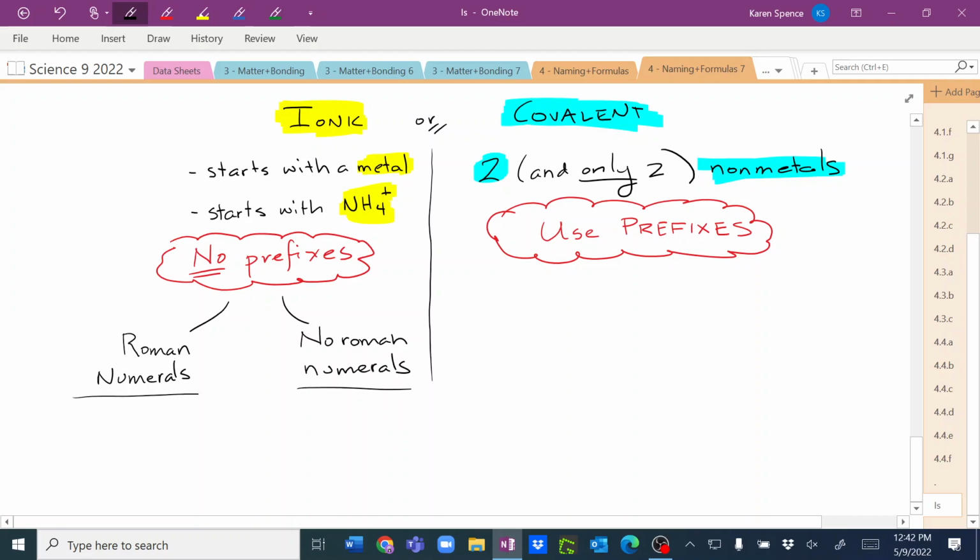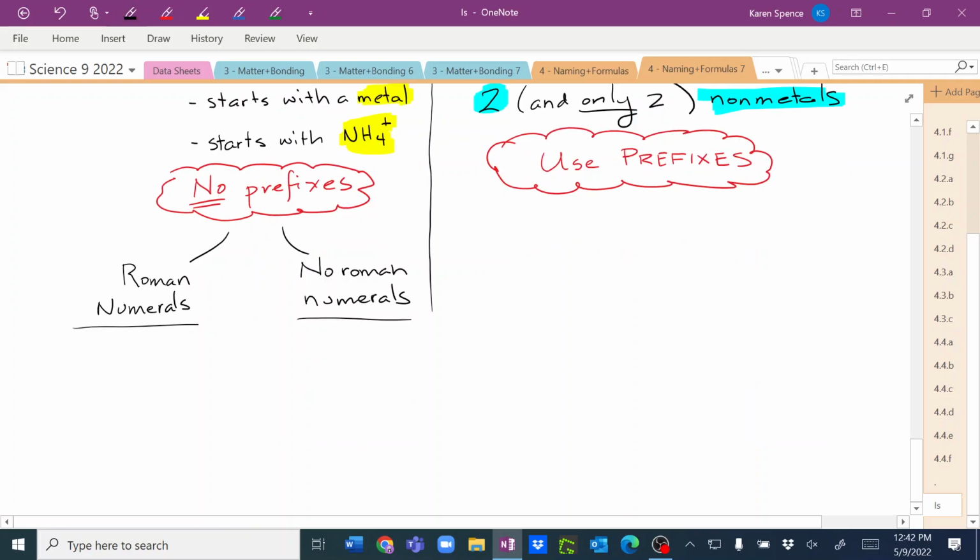How do you know if you need a Roman numeral or not? Multivalent. And multivalent metals will be where on your periodic table? They will be in the red zone.